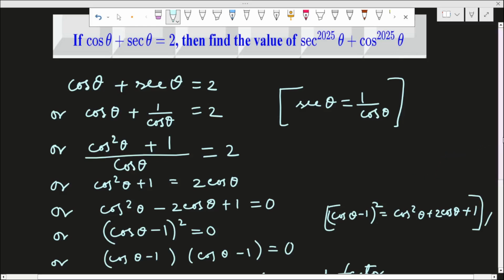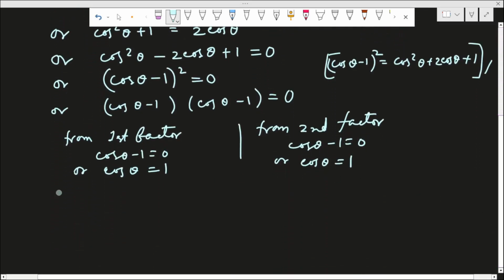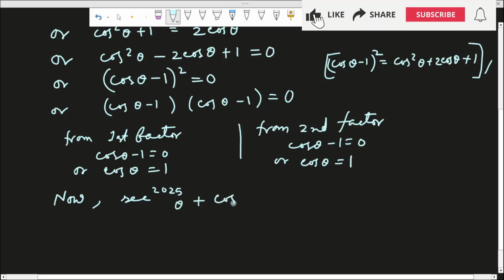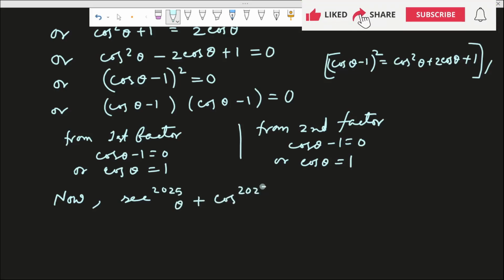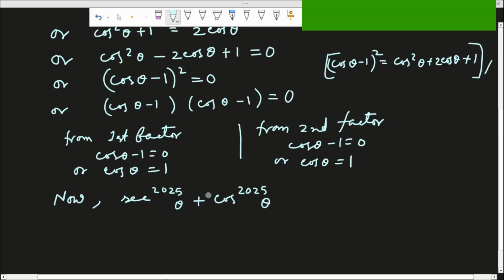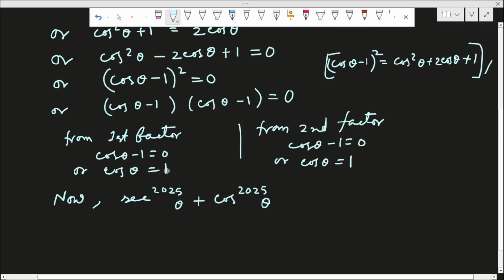So writing the last expression, sec to the power 2025 theta plus cos to the power 2025 theta, we have to find the value of this expression. We have got the value of cos theta, and we need to find the value of sec theta.